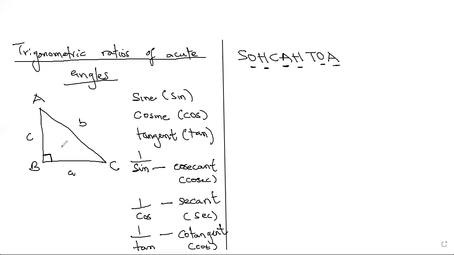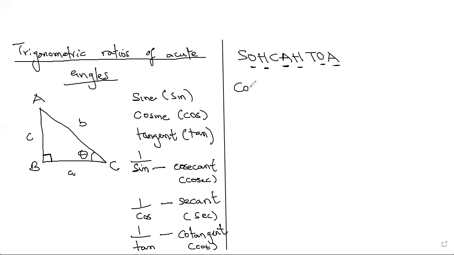So let's say in this triangle, I have my angle here, theta, for example. So this C becomes the opposite in this triangle because that's the side that is facing the angle. B is the hypotenuse, and A will be the adjacent in this case.